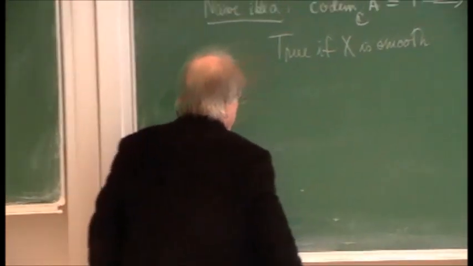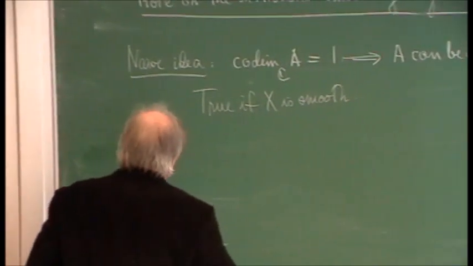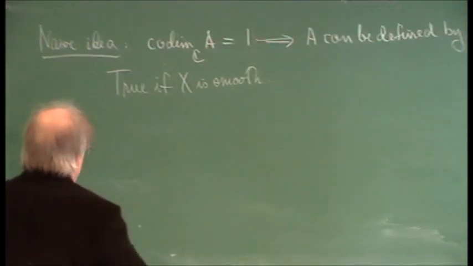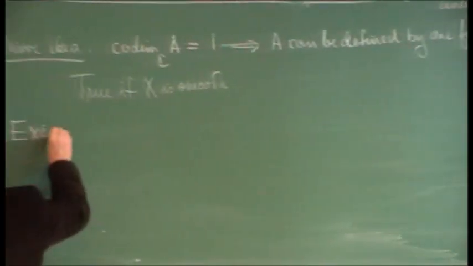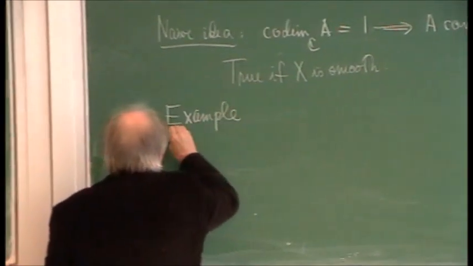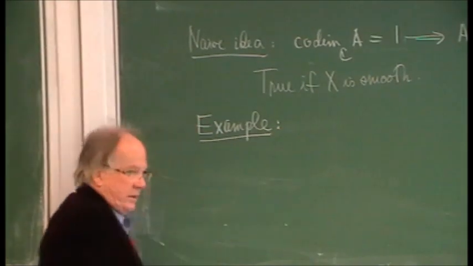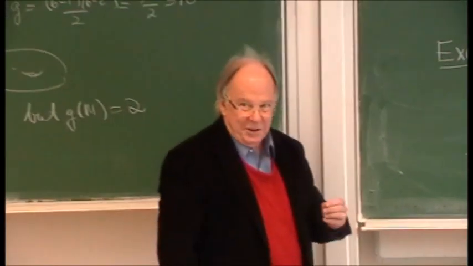So in dimension 1 it is not so interesting, but already in dimension 2 it is interesting. So let me just close the lecture today with an example. You will be shocked at the simplicity of the first dangerous example.